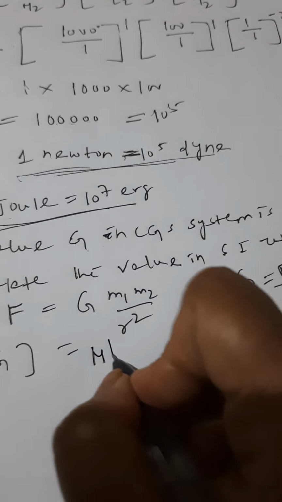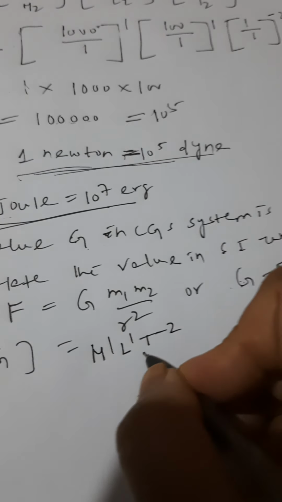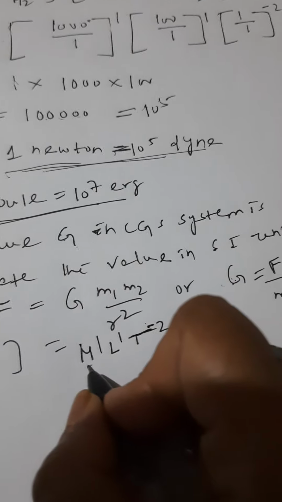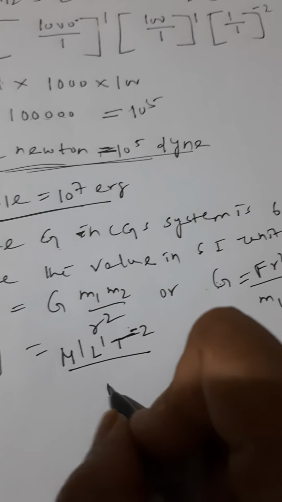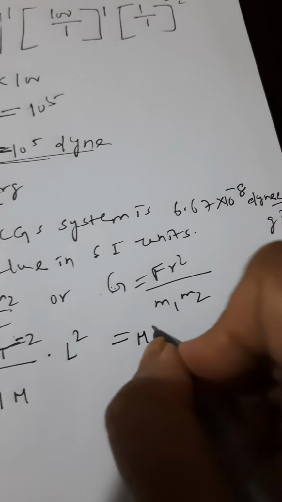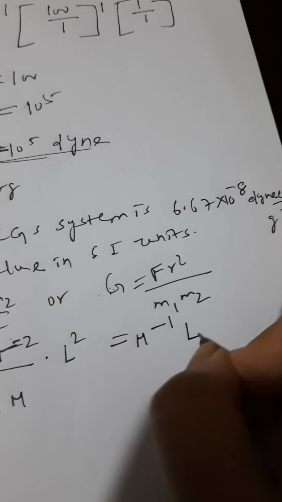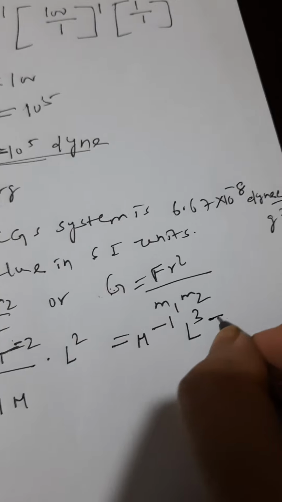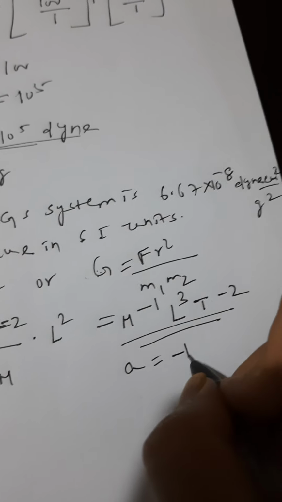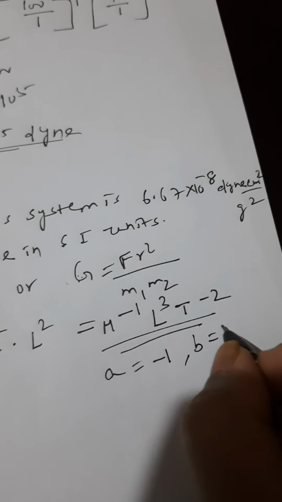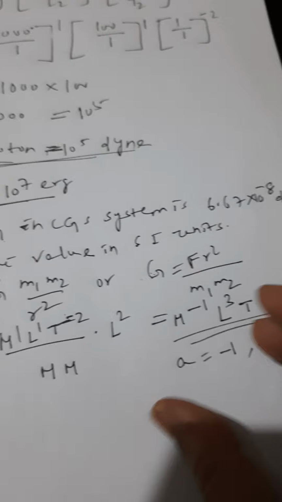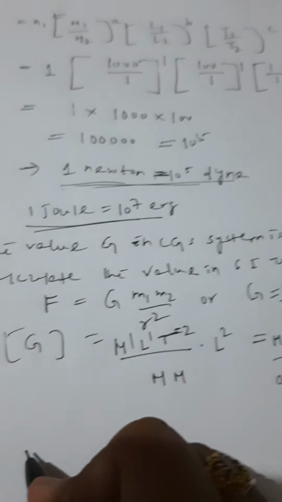So M to the power 1 L to the power 1 T to the power minus 2 by M and here L square. So it is equal to M to the power minus 1 L to the power 3 T to the power minus 2. So here a is equal to minus 1, b is equal to 3, c is equal to minus 2. And putting in the formula.